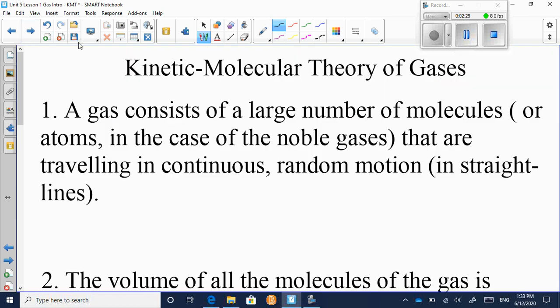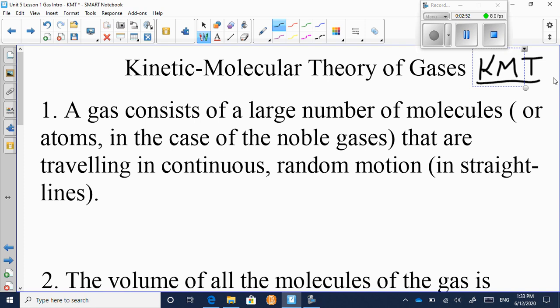All right, well, what we're going to use to explain gases is something called the kinetic molecular theory. It's called KMT for short. And KMT is a theory that will explain why gases behave the way they do.